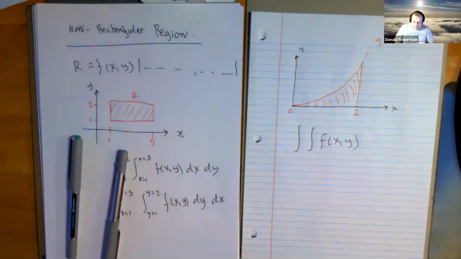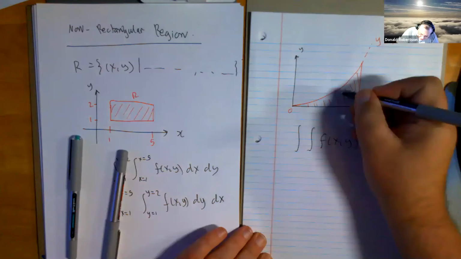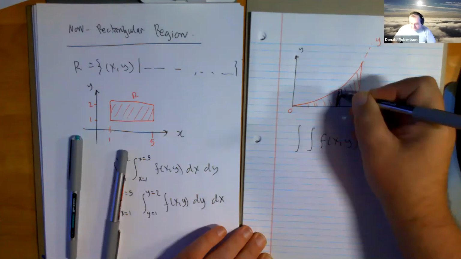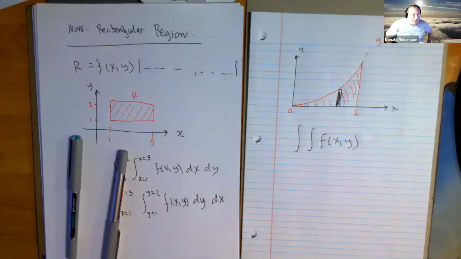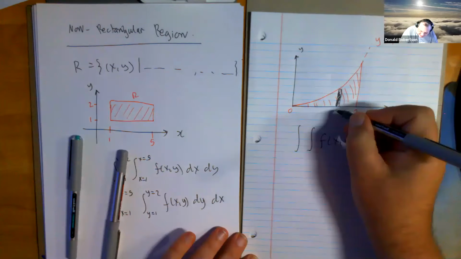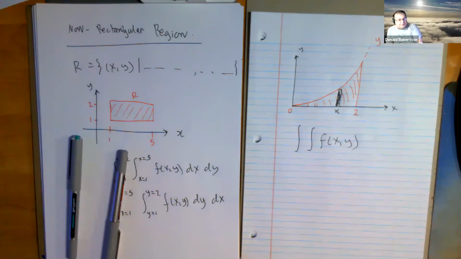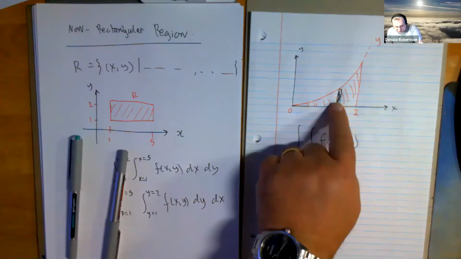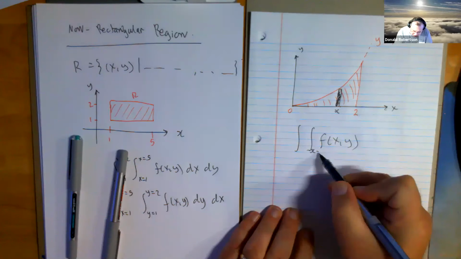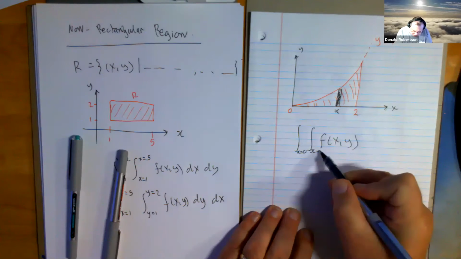So I'm going to do the vertical rectangle trick. Can you imagine that being a random point from here to here, right? And that's at position X. Now, if I wanted to represent this region, wouldn't X start at 0?